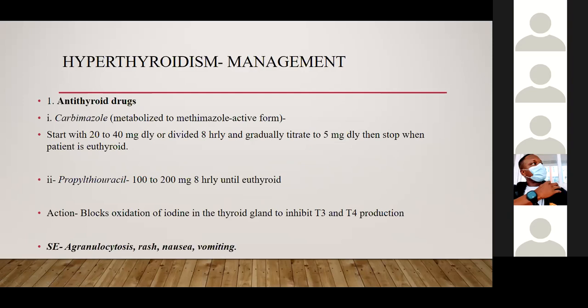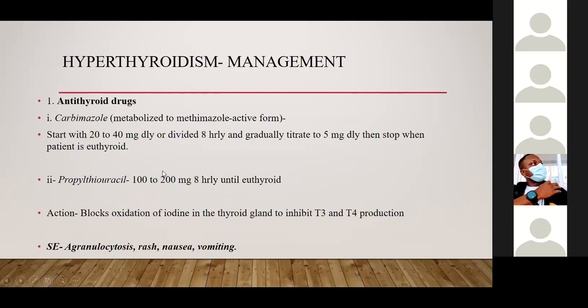So in managing, we give medications that affect various pathways of the thyroid hormone production. Okay, so we can give carbimazole, and then we can also give what we call propylthiouracil. Okay, and basically they act to inhibit production of T3 and T4, as you can see.